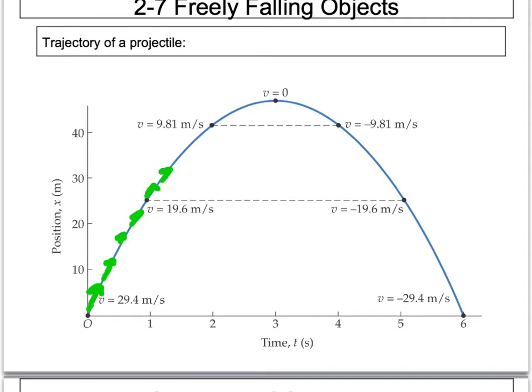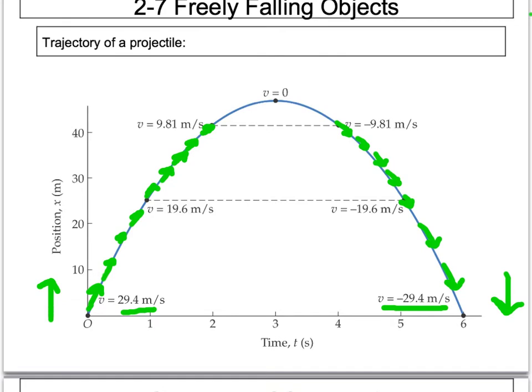Not the x component, the x component would stay constant, but the y component gets smaller and smaller until there's no y component at the top, and then the y component of velocity gets bigger and bigger until it is exactly what you started with, except negative. So think about it at first: when you throw something up, it starts out with an upward velocity and ends with a downward velocity. It turns out that the y component of velocity is the same in both places, just negative of each other.